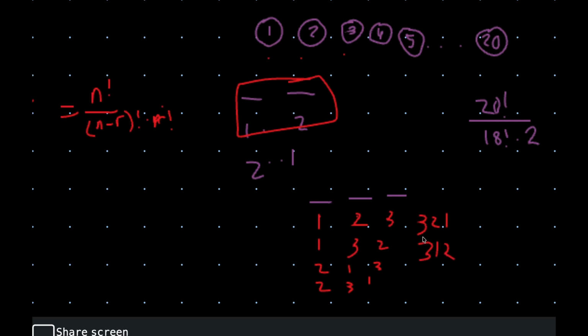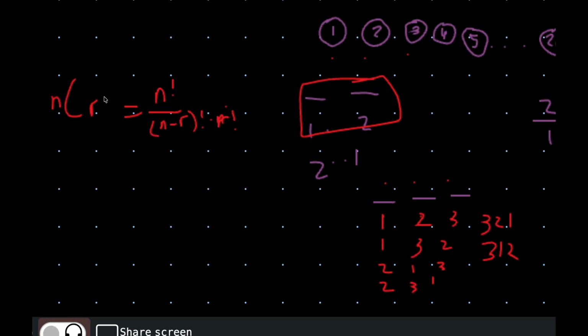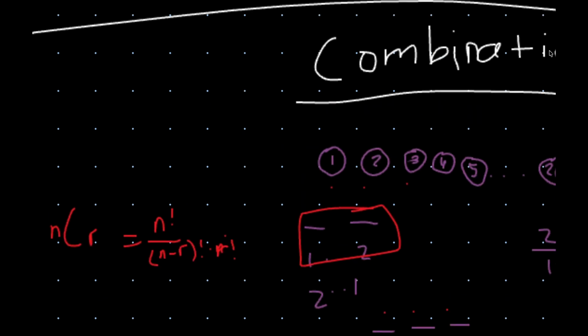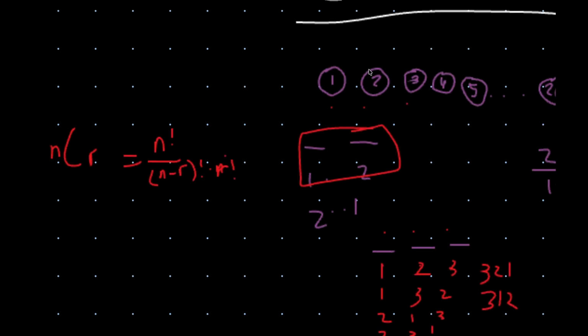This shows that there are 6 possible configurations here, which is equivalent to this R value factorial. And since all these are technically the same arrangement for combinations, you divide by an additional multiple of R factorial.